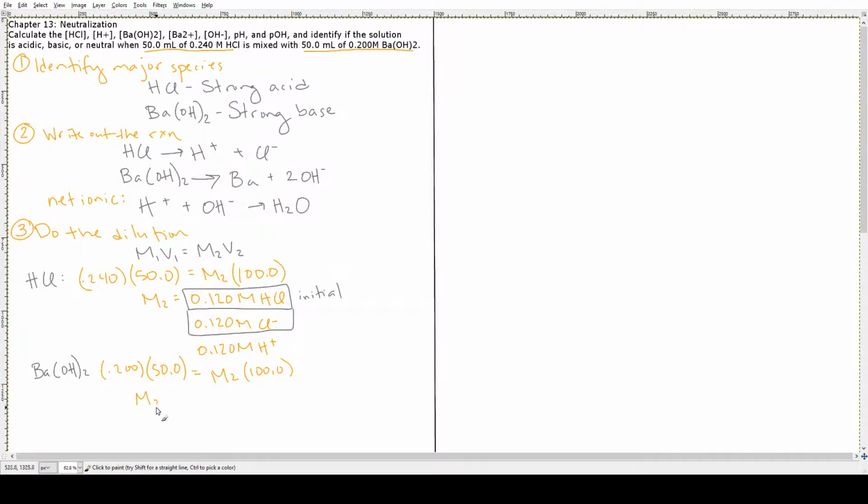So after it's been mixed, this is its concentration. However, we know as a strong base, barium hydroxide completely dissociates. So again, this is initial. There isn't any left at the end.